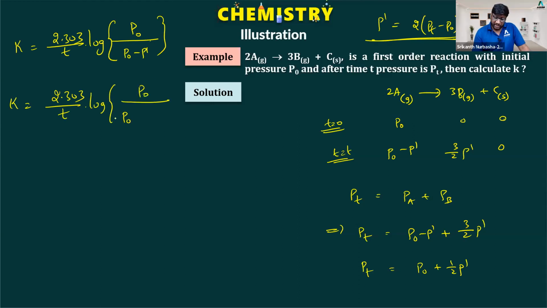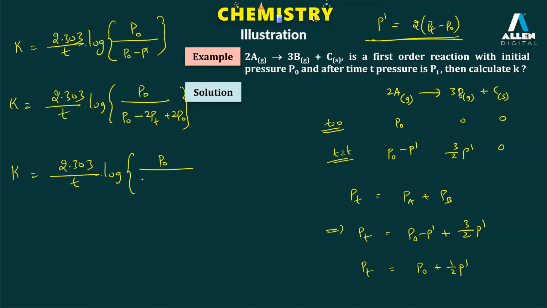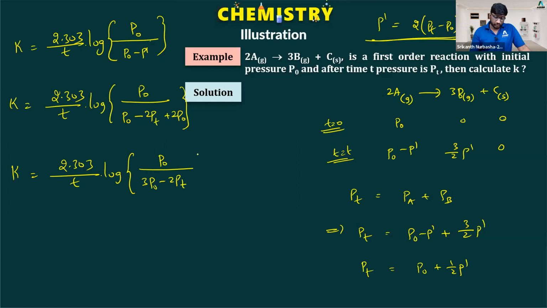P naught minus 2 Pt minus P naught, minus into minus becomes plus 2 P naught. So K is equal to 2.303 by t into logarithm of P naught divided by 3 P naught minus 2 Pt. Yes or no? Yes, sir.